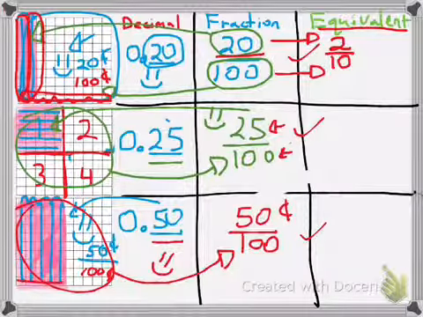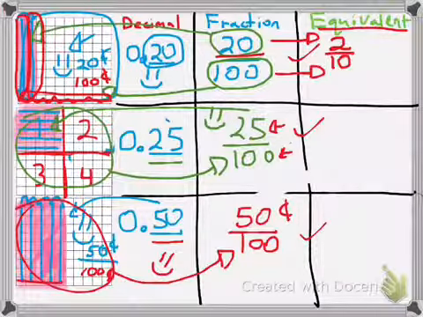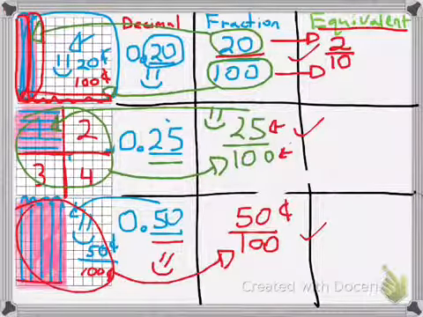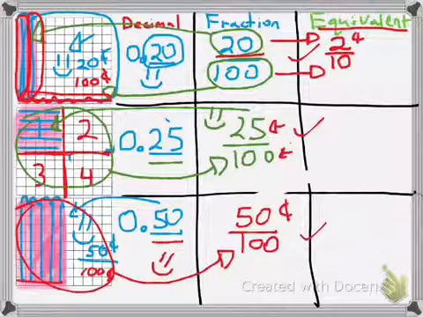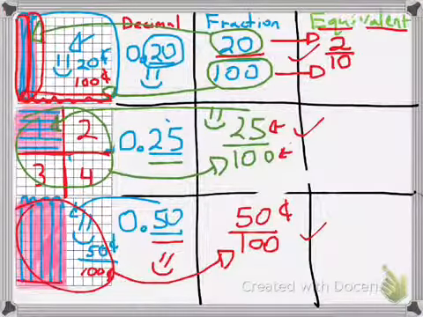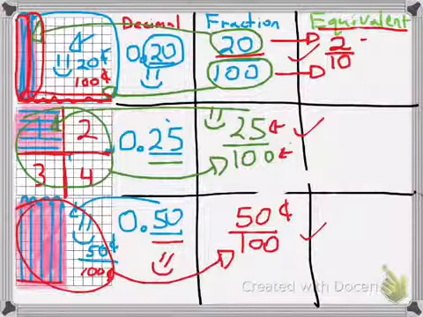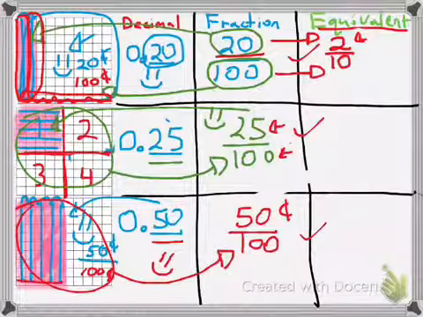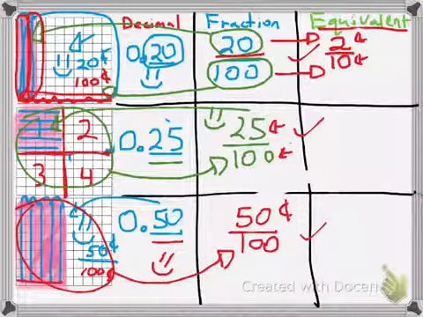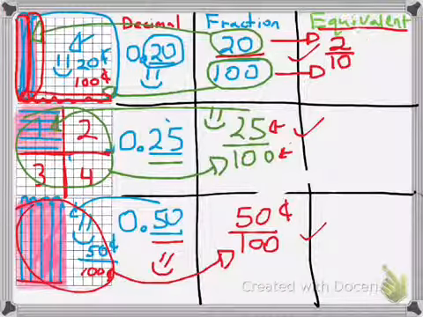That means we can make a fraction saying that two groups of 10 are shaded in, which is our numerator on top, out of 10 groups of 10 in the whole grid.